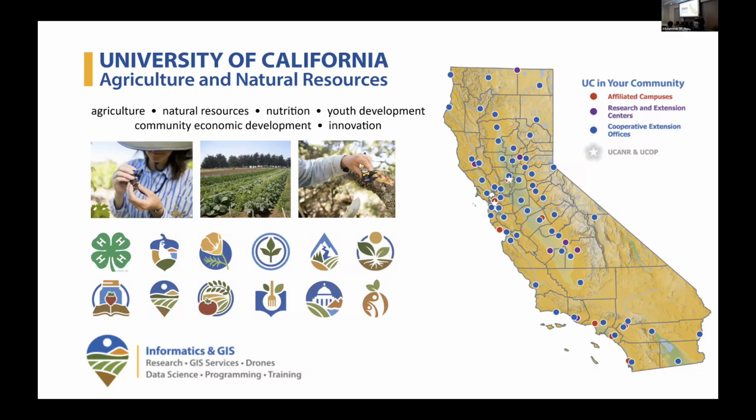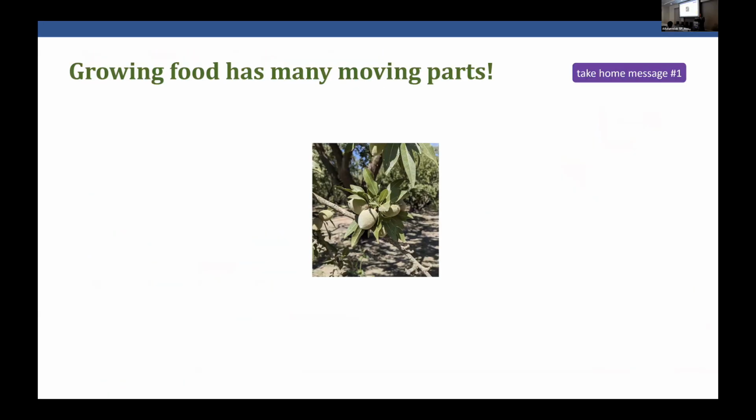And this logo farm represents 14 statewide programs and institutes, some of which are public facing, you may have heard of, like 4-H. Others are more niche and research focused. I am with the Informatics and GIS statewide program. We're basically a GIS shop that also supports data science and increasingly web applications for this whole group.